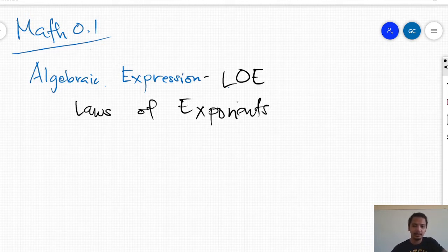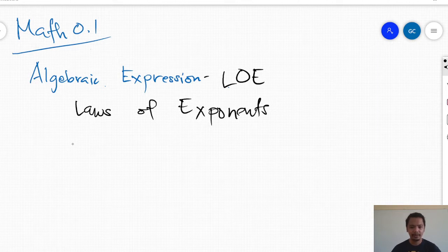Kasi when we talk of algebraic expressions, usually meron tayong mga exponents, lalo-lalo na sa mga variables. So, simula muna tayo ron sa mas basic na topics regarding sa loss of exponents.